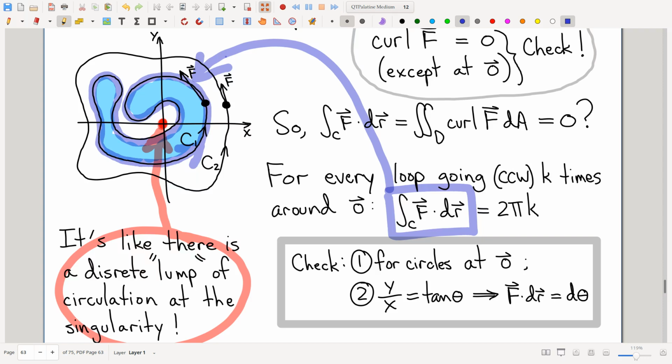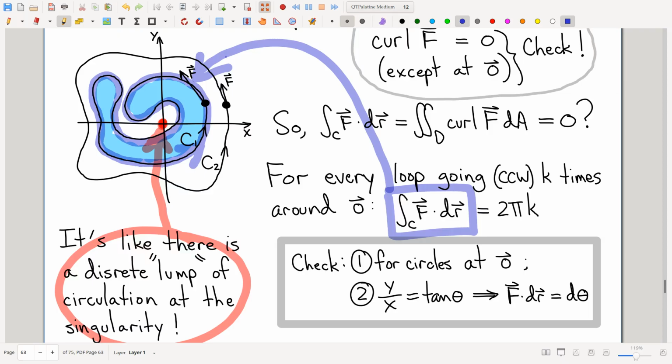And then theta starts to go negative, and it looks like I might be going the other way around, but then nope, and it starts to increase again, right back to 0. Theta doesn't change at all as you move around this curve, because the curve does not go around the origin. Said differently, the origin is not in the interior of this region.